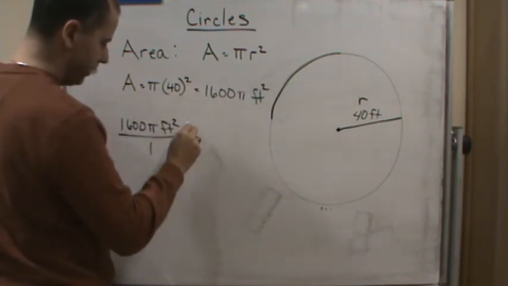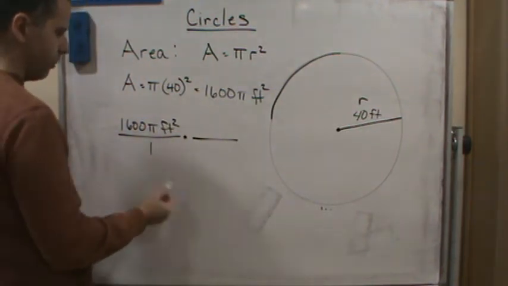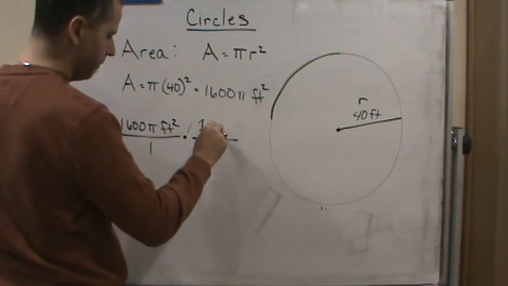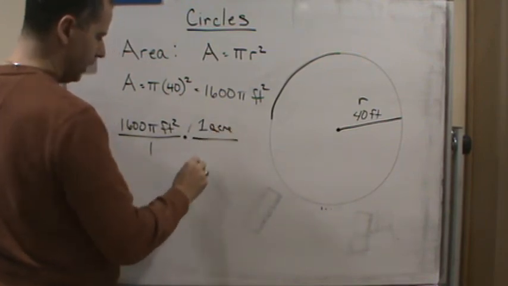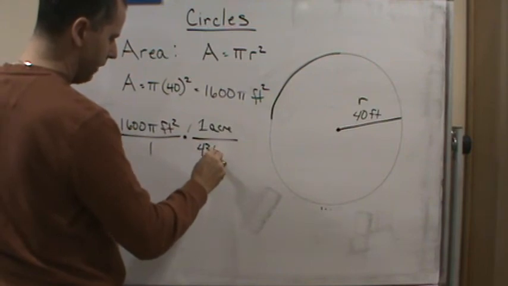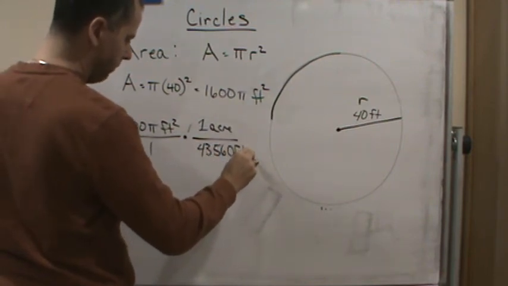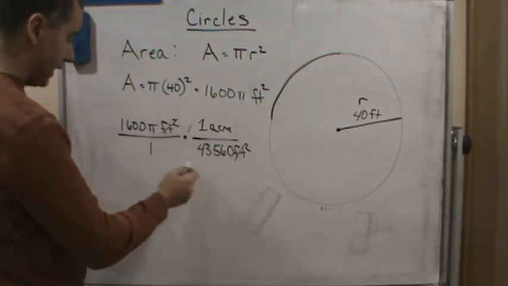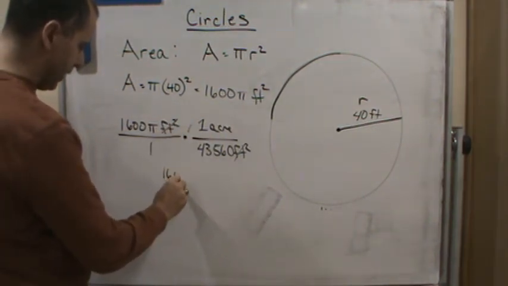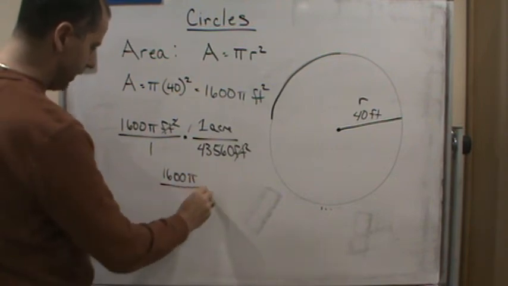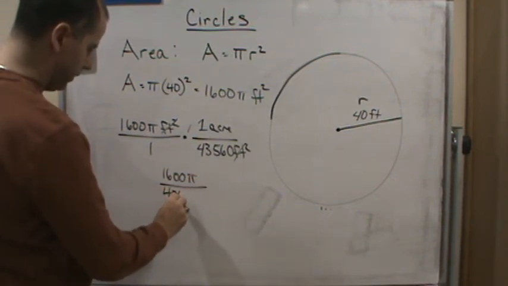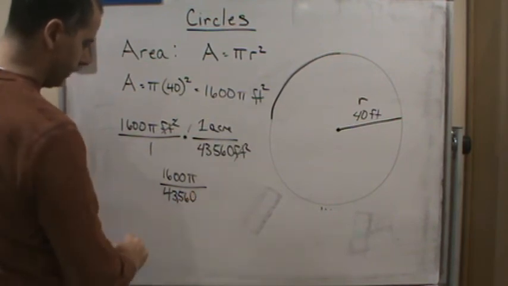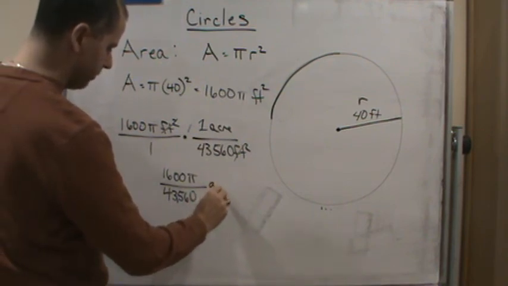I just use my conversion factor and say, 1 acre is equal to 43,560 square feet, right? And so square feet cancels with square feet, and I get my acreage is going to be 1,600 pi divided by 43,560, and this is going to be acres.